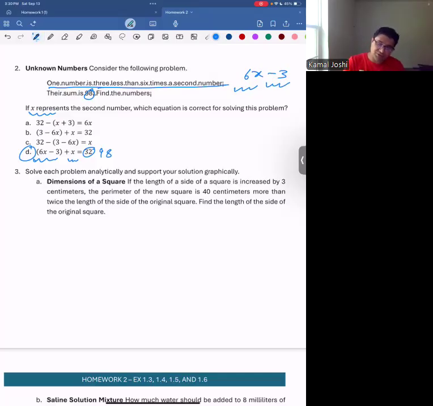The left side has to match, right? The 6x minus 3, that expression you understand. One number is 3 less than, so minus 3, 6 times the second number, which is x according to the question. So 6x minus 3. And the sum of the numbers: the 6x minus 3 is the first number, by the way, and the second number is x, right? When you add them, equal to 98.